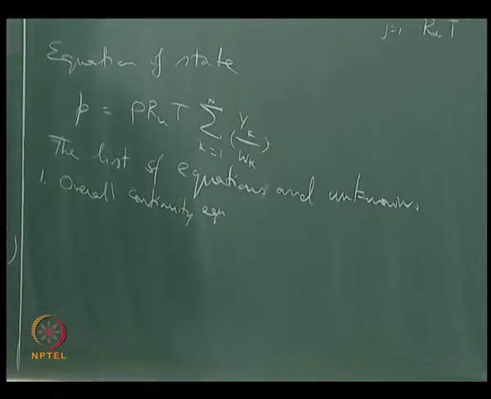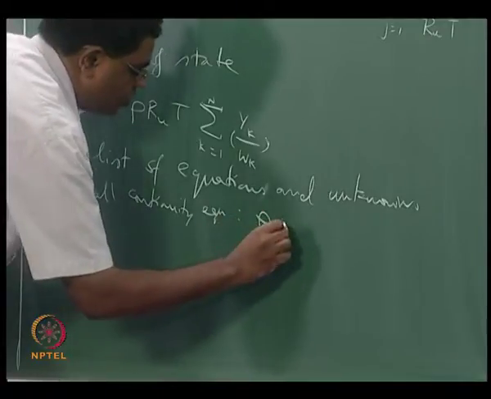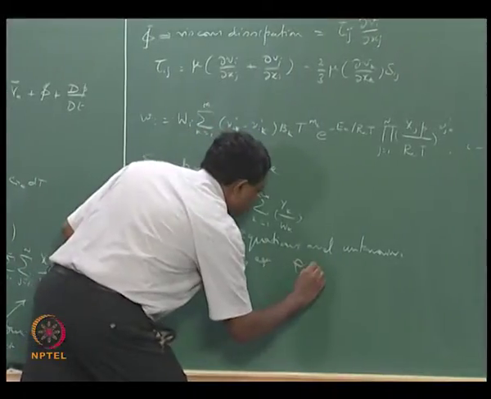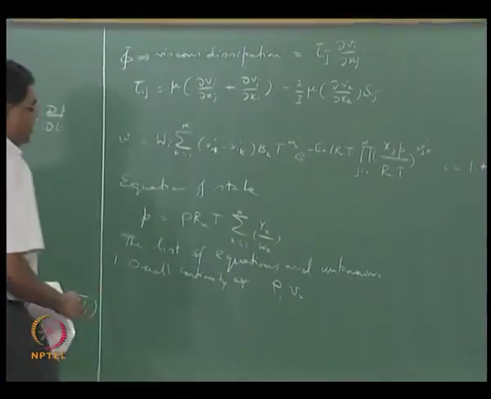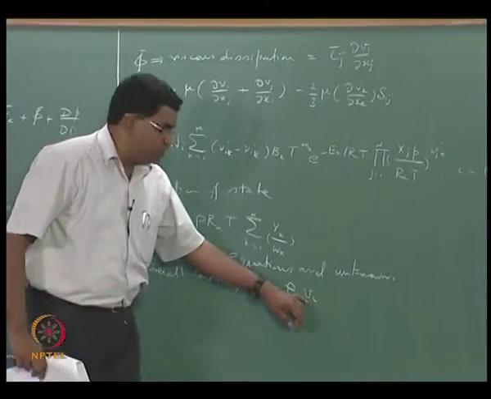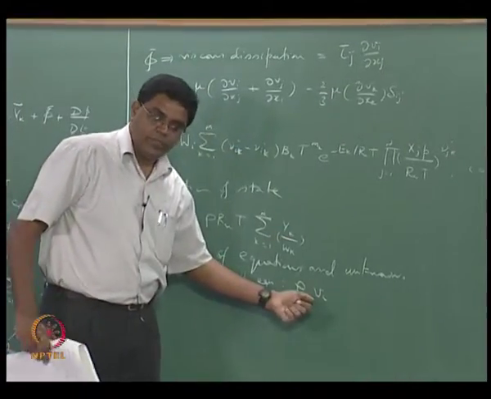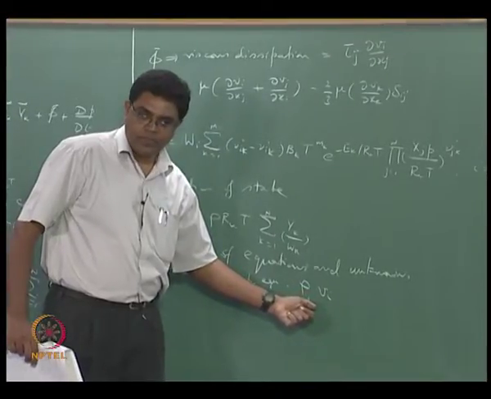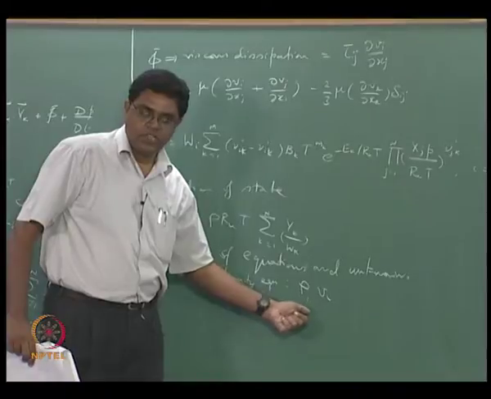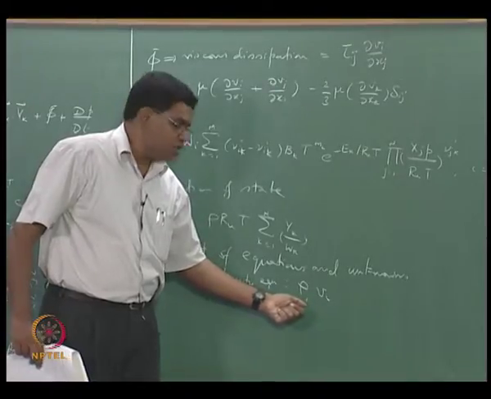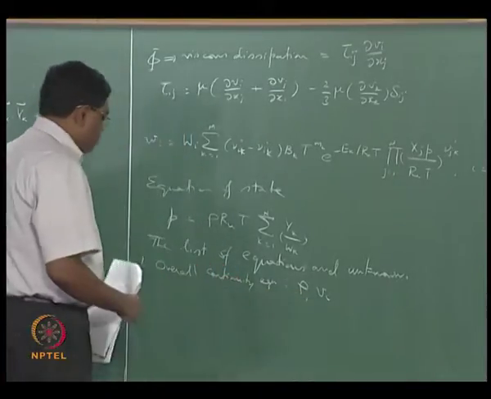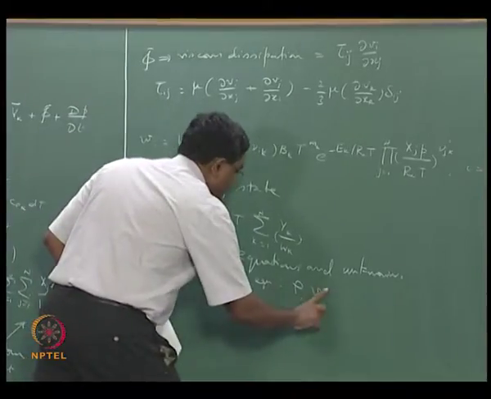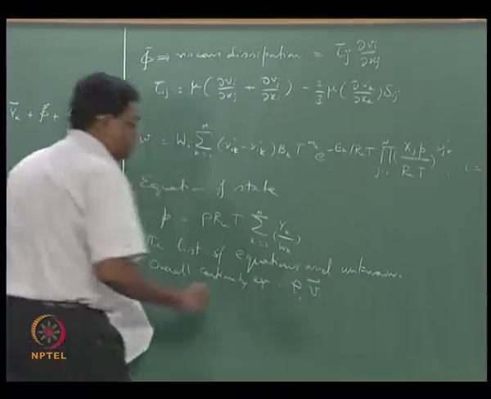Now this equation involves rho and V_i, where V_i is the ith component of the mixture mass-averaged velocity. This is not the species velocity. Or if you want to use a vector notation, which is a little less confusing, we could simply say the v vector.